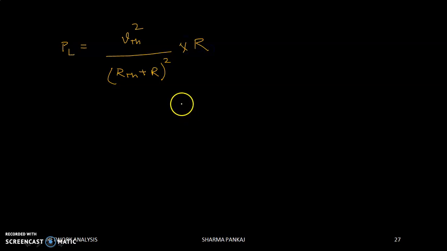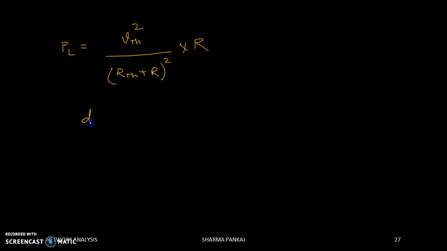After X is equal to minus XTH, PL will be equal to VTH square upon RTH plus R whole square into R. Now to set the value of R, that is load resistance, to receive the maximum power, we apply the condition for maxima or minima.